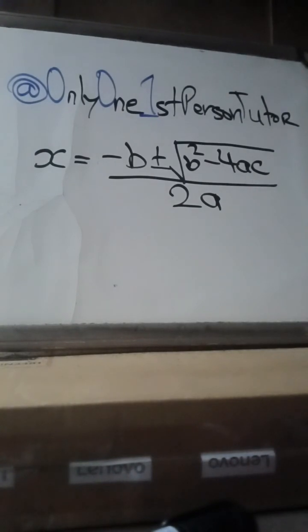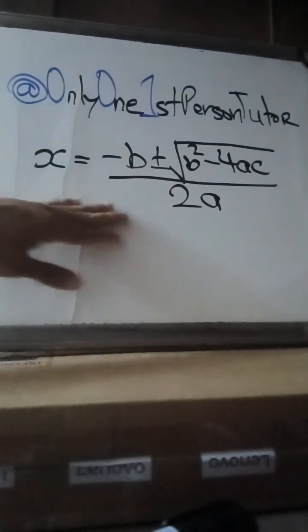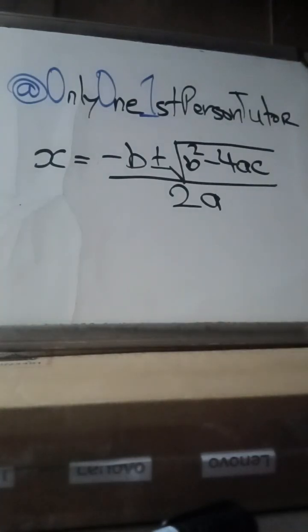Now I made a video about this and how to make this easier to use so that you don't have any confusion going forward. And it doesn't matter whether you have 2 minus signs and a plus, or 2 plus signs and a minus, or whatever.